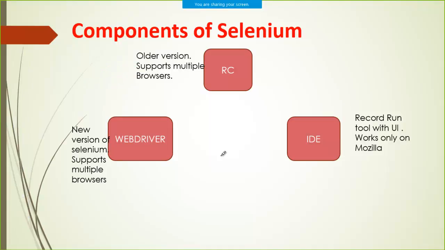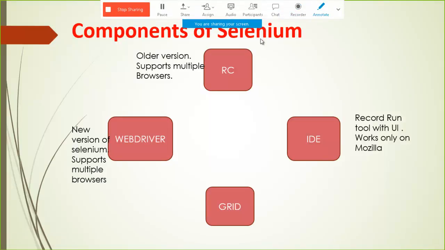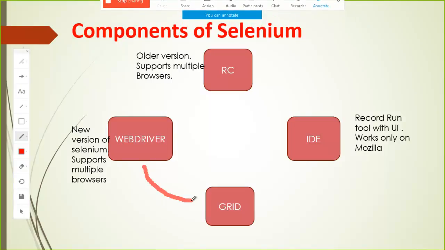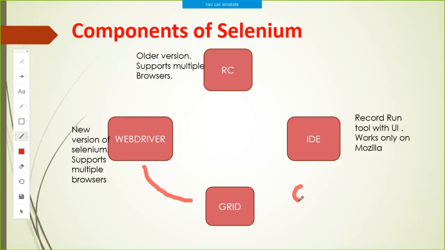Fine. So the next component that comes up is the grid. Grid is combined with the WebDriver, and then you write your script which helps you to run the test cases parallelly. That is, you have a central machine, and with this central machine you connect multiple machines.